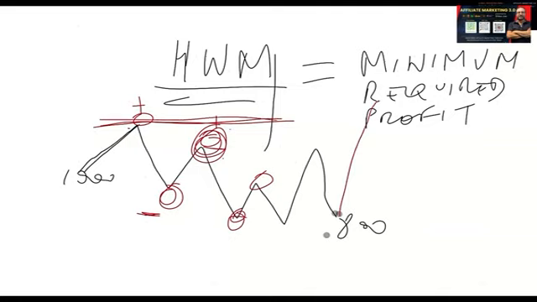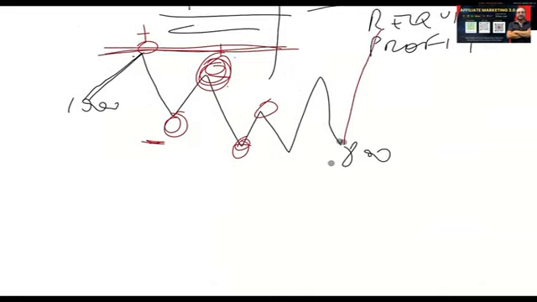Okay, that's what high watermark means. So the trader can't just say, we made a profit today based on yesterday's numbers, we get paid. They only get paid if they make more profit than the last high watermark.